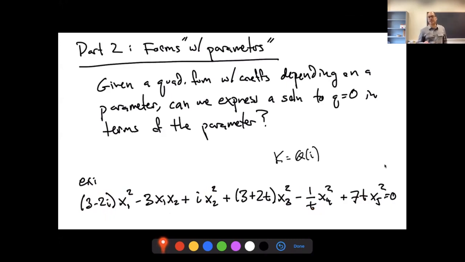So the idea is that if I specify any particular value of t, some element of k, then we know it has a zero. But can we describe how some solution, or this collection of solutions, might vary as I vary t?